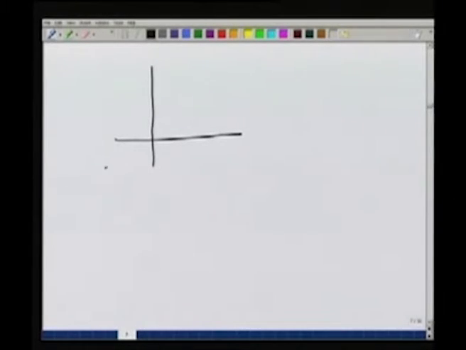So these are the axes. I am just trying to demonstrate what the idea is. So let us say this is one side whose length is A, so this is the origin. This is one side whose length is B. I form the rectangle, which is certainly not three-dimensional, it's two-dimensional.